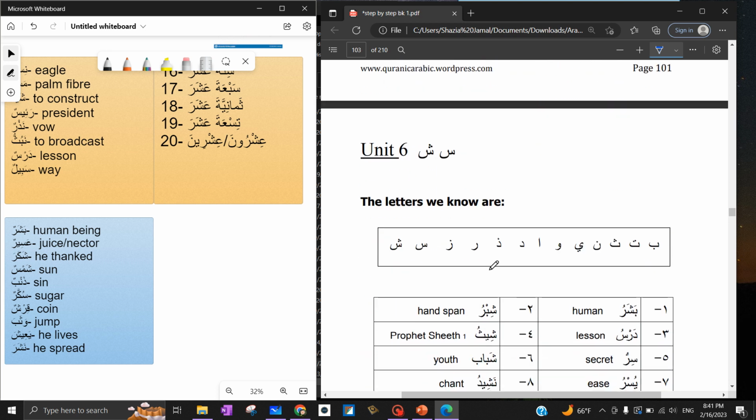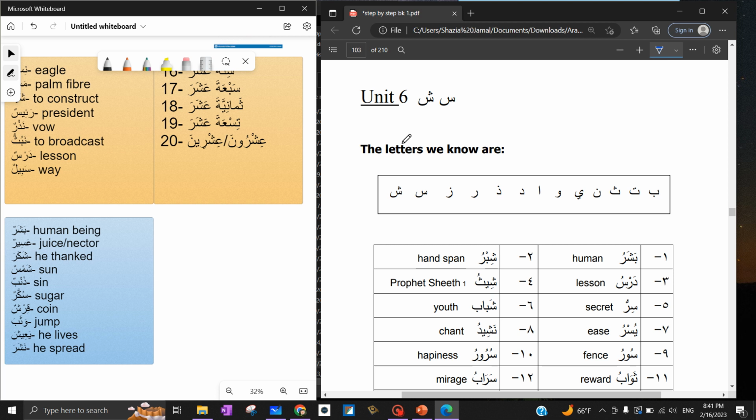Now let's see. In unit 6 we have completed all these letters. First of all we did ba, ta and sa. These three are similar looking letters, so we did them in unit 1. Then we did noon and ya, and this was the long vowel in this unit. Then we did vav and alif. These were the three long vowels.